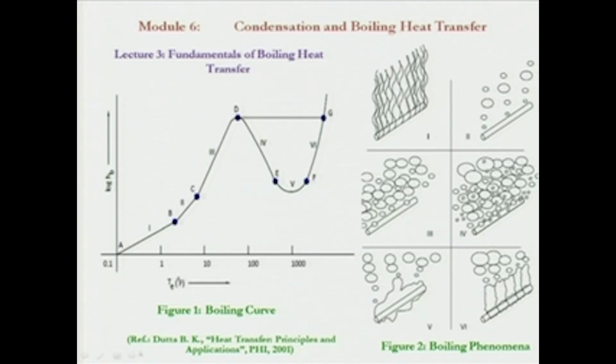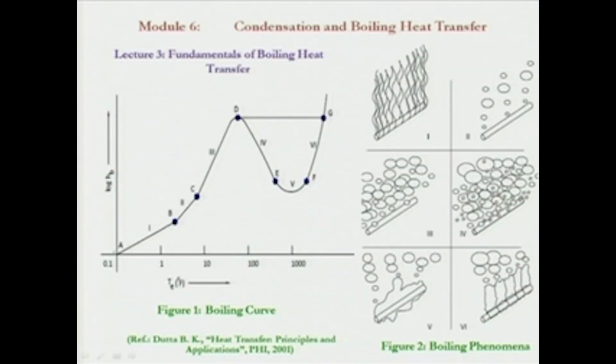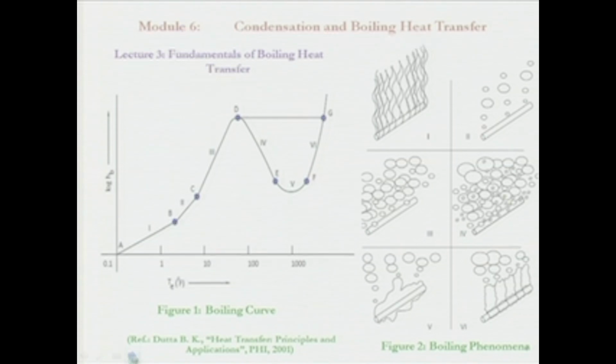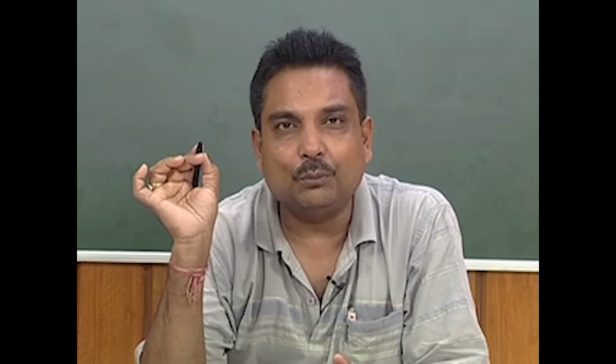So, the excess temperature is within 2 degrees centigrade in the case of the interfacial evaporation region. This region is valid, we can see from the figure, from A to B, and you can see that there is a straight line. A straight line means the heat transfer coefficient is increasing in a linear manner, and as we said, mostly free convection heat transfer takes place in this region.